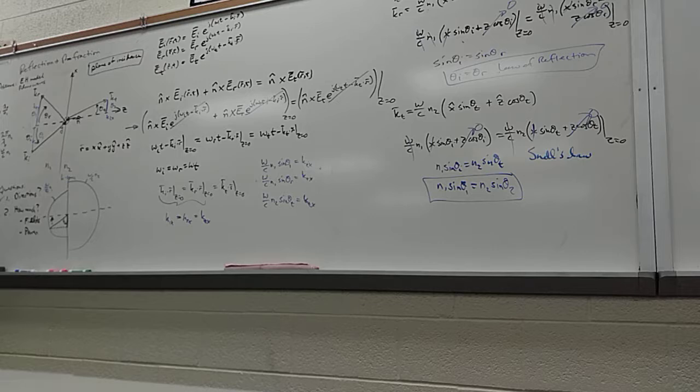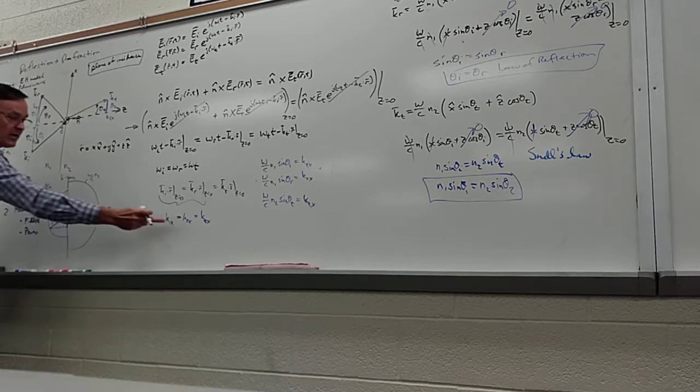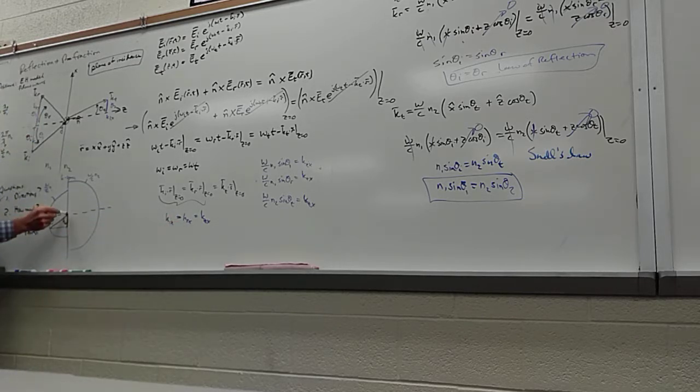And k_Ix has to be k_Rx. So I could draw k_Ix here for k_Rx, drop a perpendicular over here, and then draw in k_R.